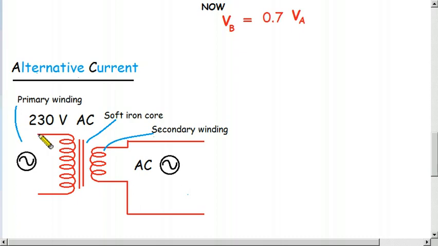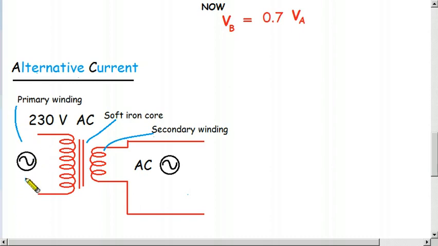When we connect these terminals to the main supply, we input 230 volts to this transformer. That is what we call AC. AC means alternating current. That means it varies like this at a frequency of 50 Hertz. To denote that, we use a symbol like this.